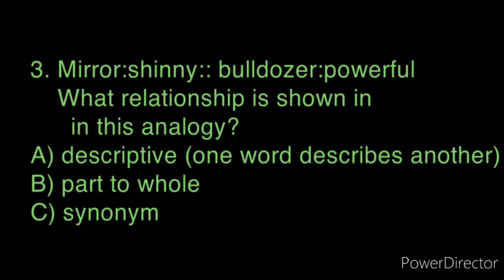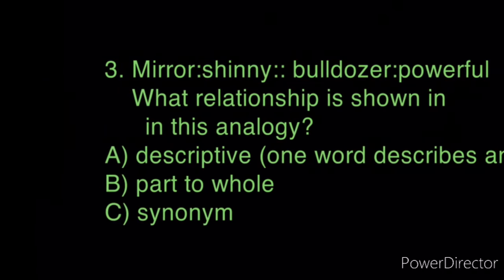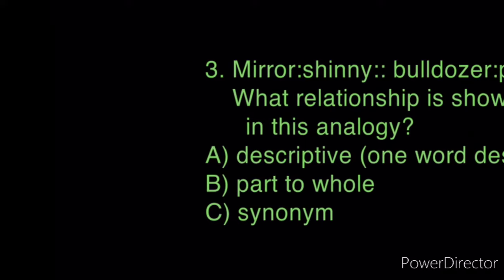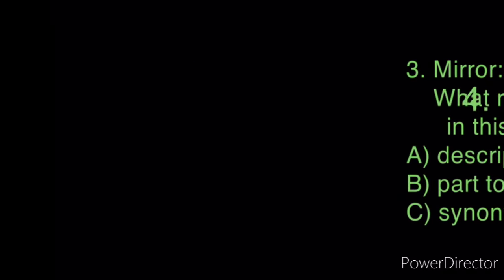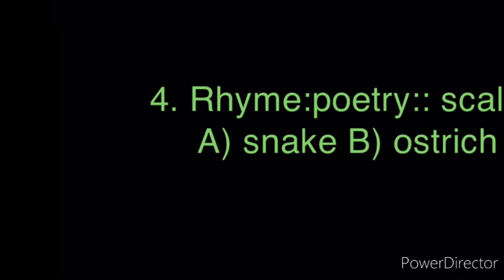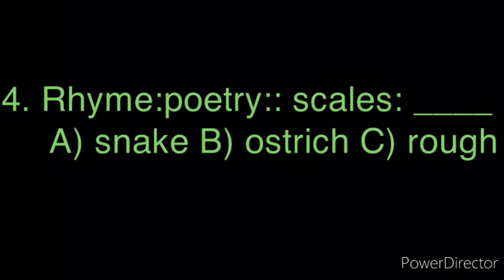Mirror is to shiny as bulldozer is to powerful. What relationship is shown in this analogy? A. Descriptive. B. Part to whole. C. Synonym. Rhyme is to poetry as scales is to A. Snake.